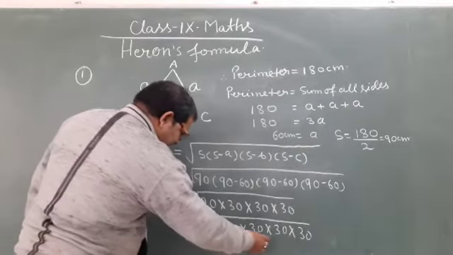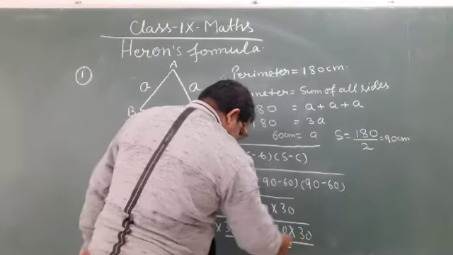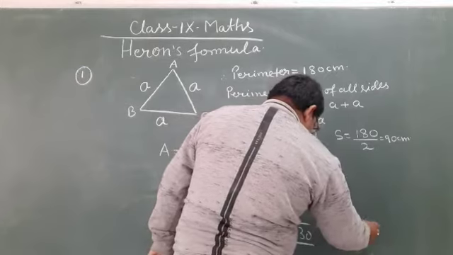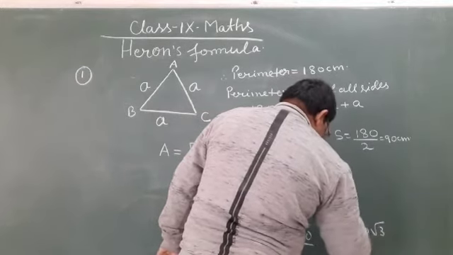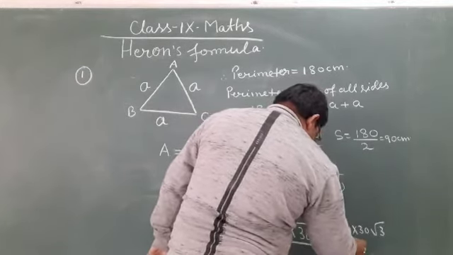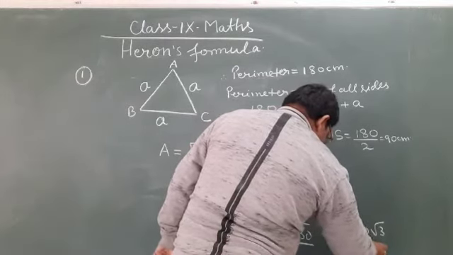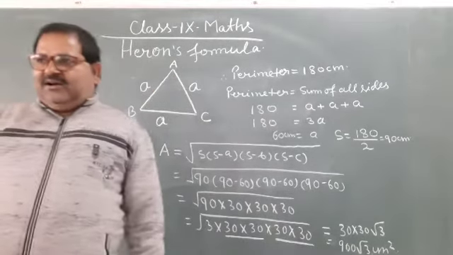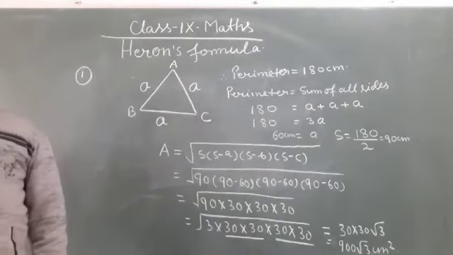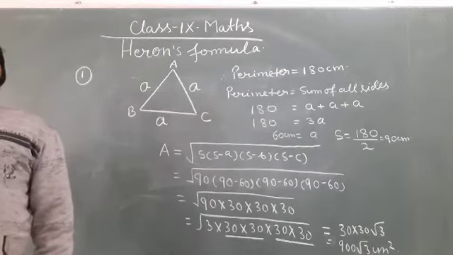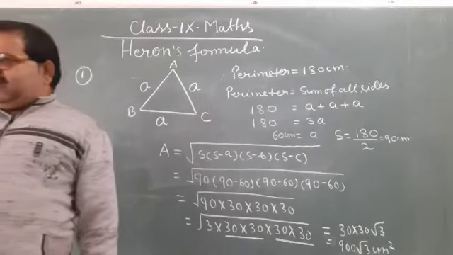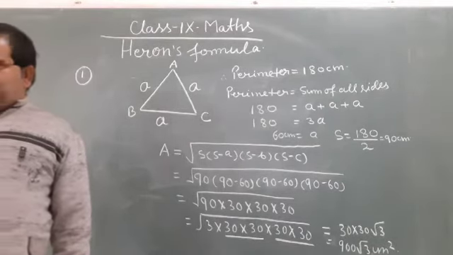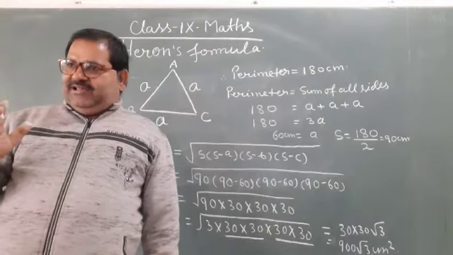Now make a pair of 30 and 30, that's equal to 30 into 30 under root 3, that's equal to 900 under root 3 centimeter square. This is the area of the equilateral triangle indicating the signal of school ahead.